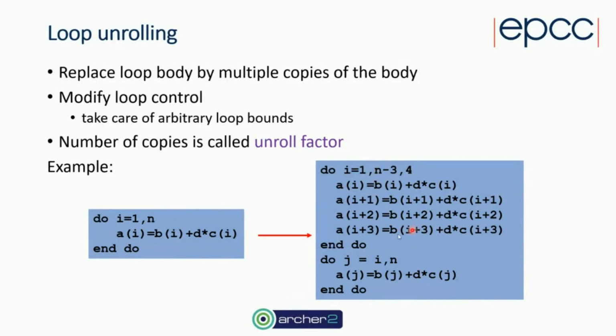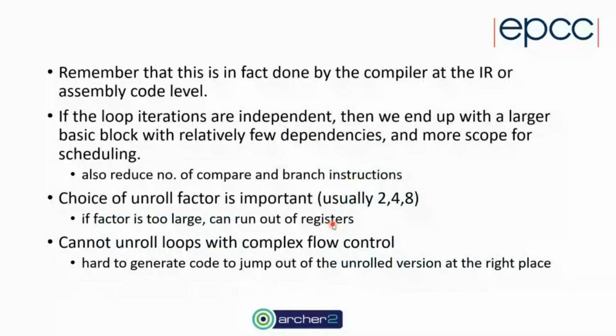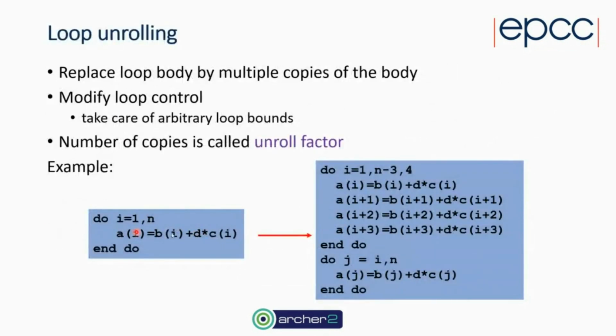But here the loop has manually been unrolled by 4, and generally the compiler will be able to do these kind of things for you. But it's done at the compiler or intermediate or assembly level, and it's reliant on the compiler being able to say, actually, if I do this instruction 4 times on different bits of data, are there any side effects?